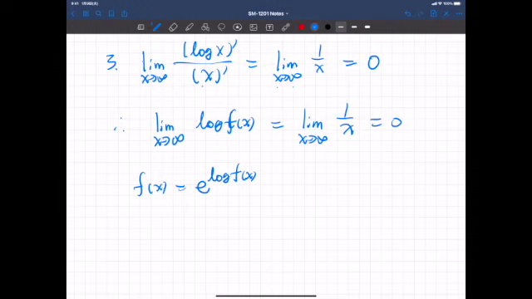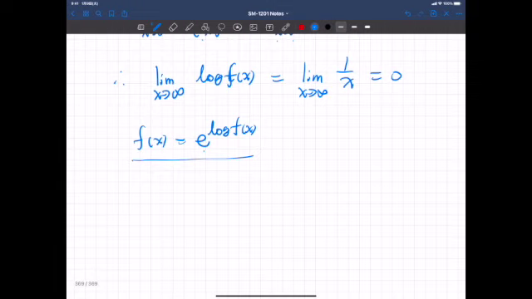Because logarithm is the inverse function of the exponential function, we have this identity. And also, this exponential function is continuous.